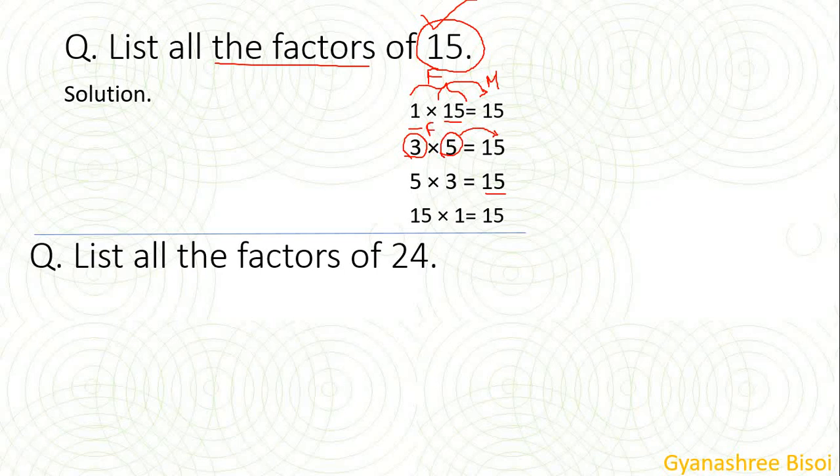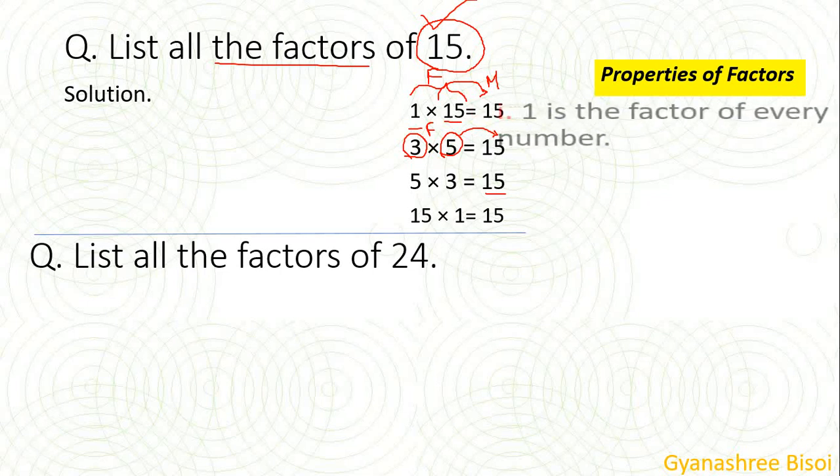Correct? Now, let's know some properties of factors. 1 is a factor of every number. How is 1 a factor of every number? You can see over here. 1 multiplied by 15 equals 15.